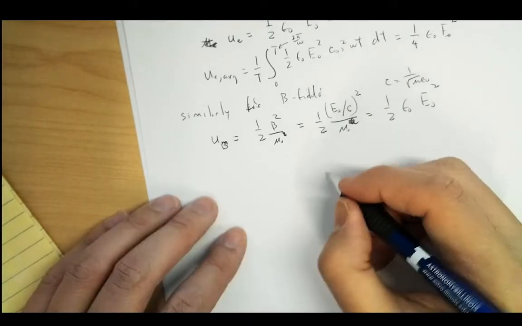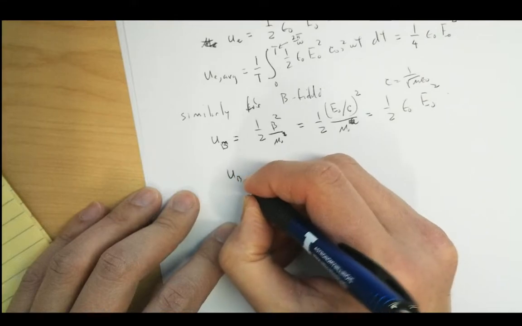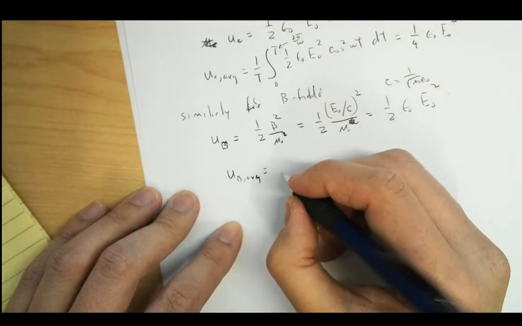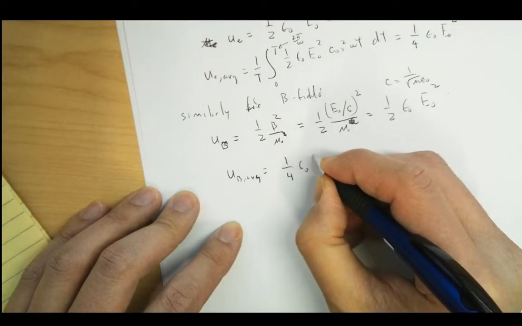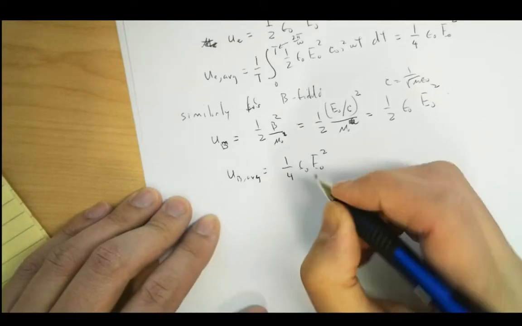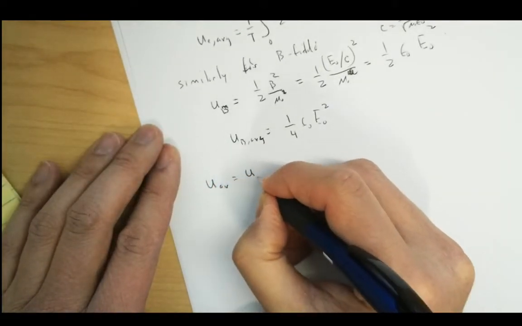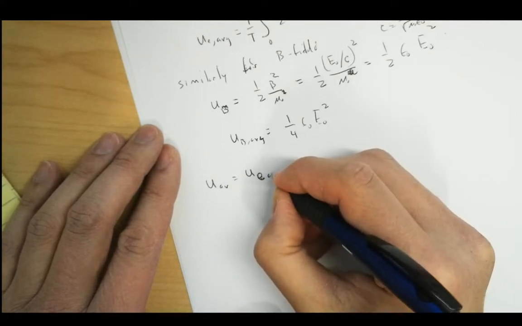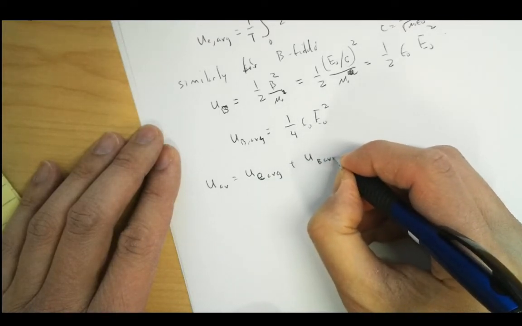Okay, so that's UB average, again with just another cosine squared omega t. That's again 1/4 epsilon 0 E0 squared. And so the average energy density, U average, is the electric field average plus UB average.